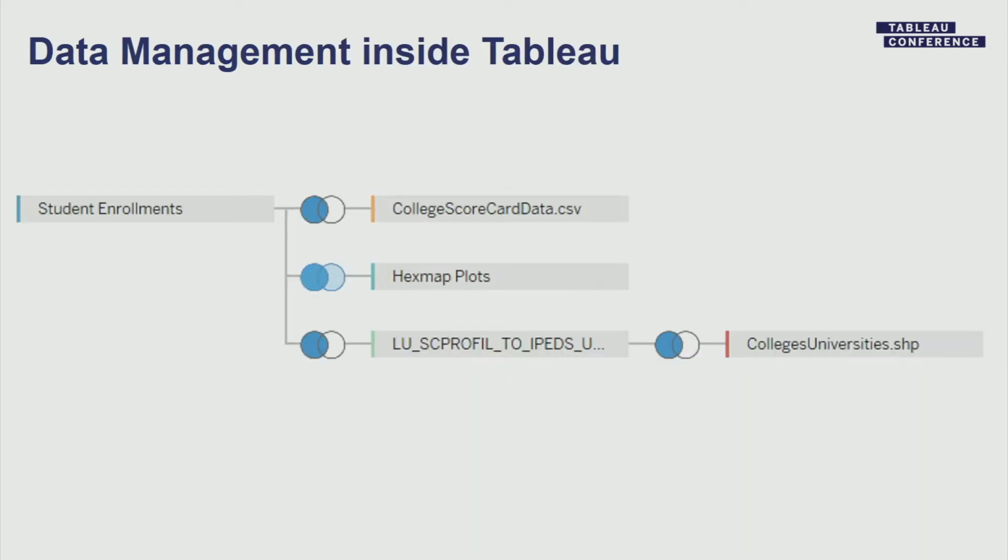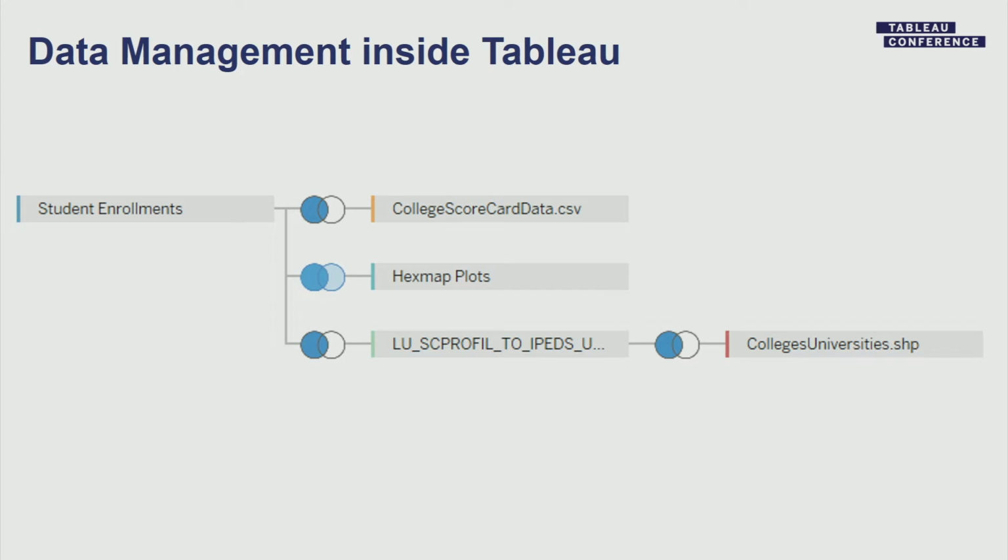Okay, so data management inside of Tableau. I start with student enrollments, which is that custom SQL piece. Then I join in, it's all left joins, the college scorecard data. I do hex map plots because we do a hex map to clean some stuff up.